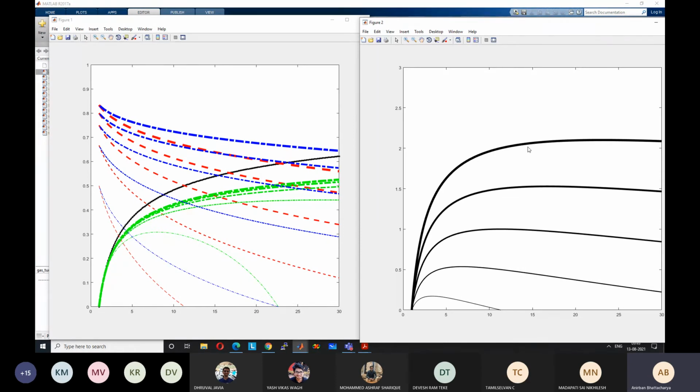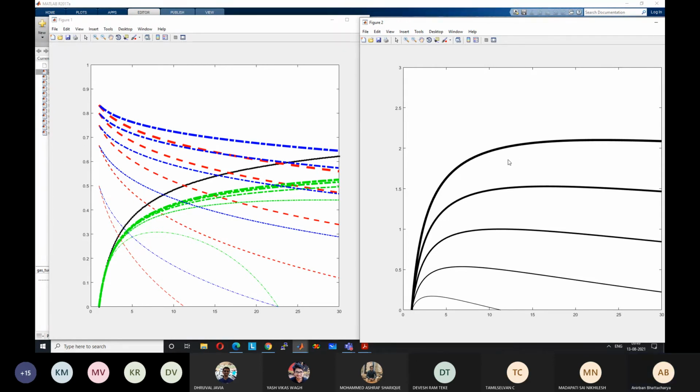So even if we operate at a lower ratio, say if I operate at 10, we'll have a very high efficiency theoretically if R is equal to 10. But the work output will not be much lower at R equal to 10 because the graph is so flat. So we can find quite a bit of region where the efficiency is quite high, but the work output is not compromised much.